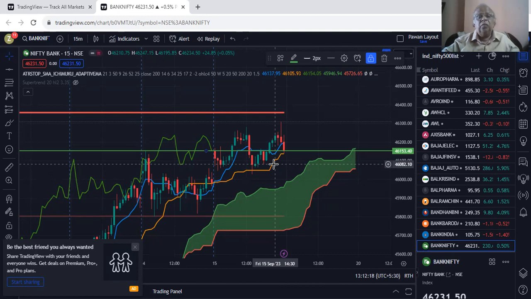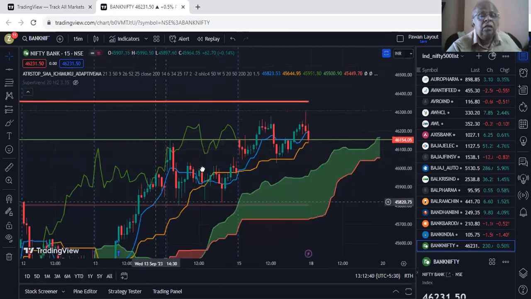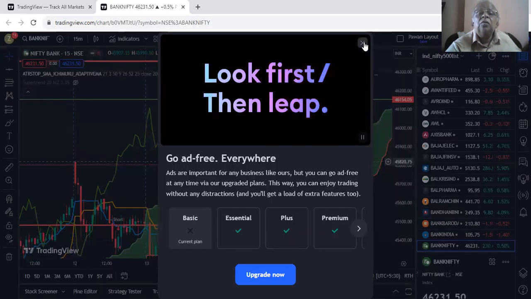So this was the condition when the Tenkan-sen-Kijun-sen crossover was in the bullish zone. Now, just going backward, one more crossover has been seen.